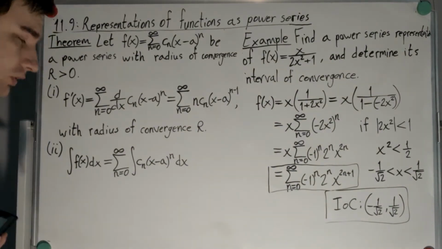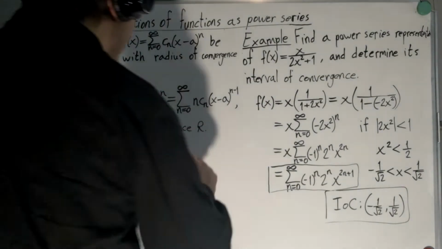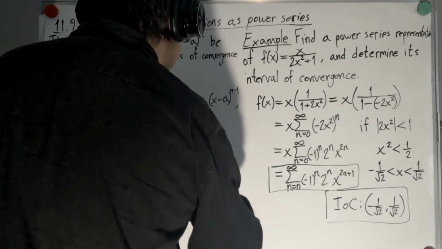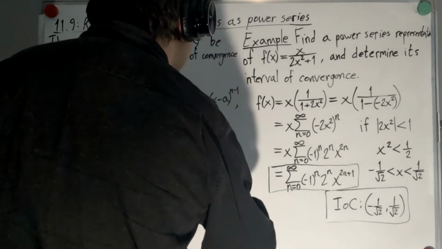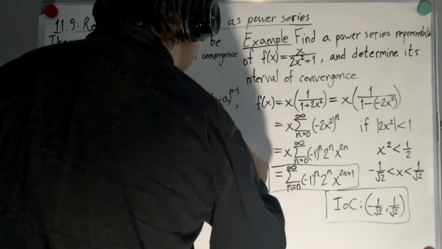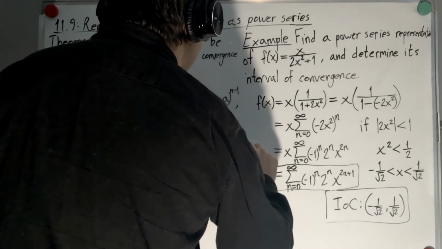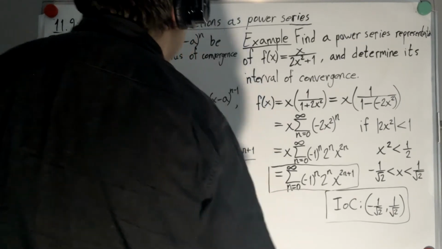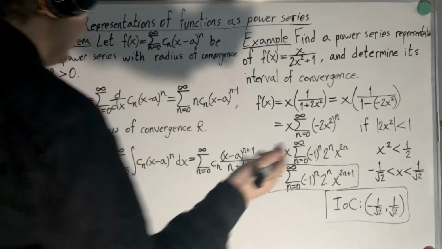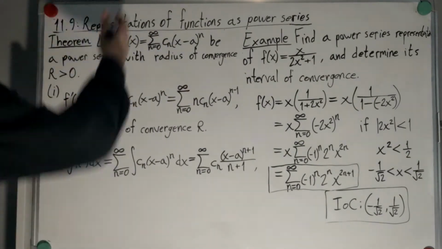According to the power rule for antiderivatives, that's the same thing as the sum from n equals 0 to infinity of Cn times (x minus a) raised to the n plus 1 divided by n plus 1. And again, its radius of convergence is still the same as the original.